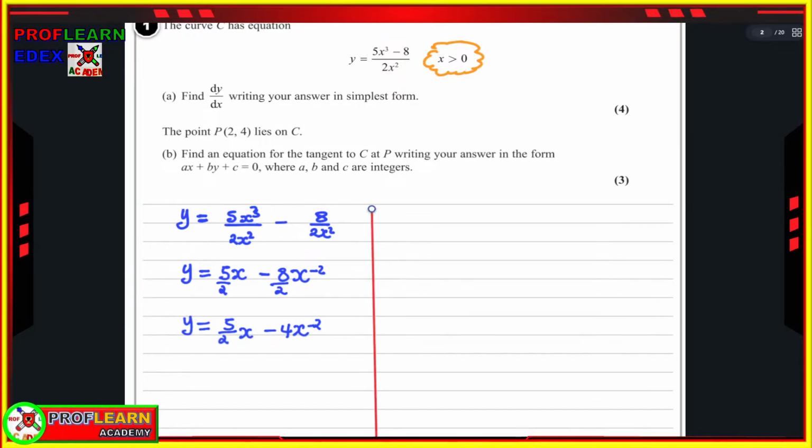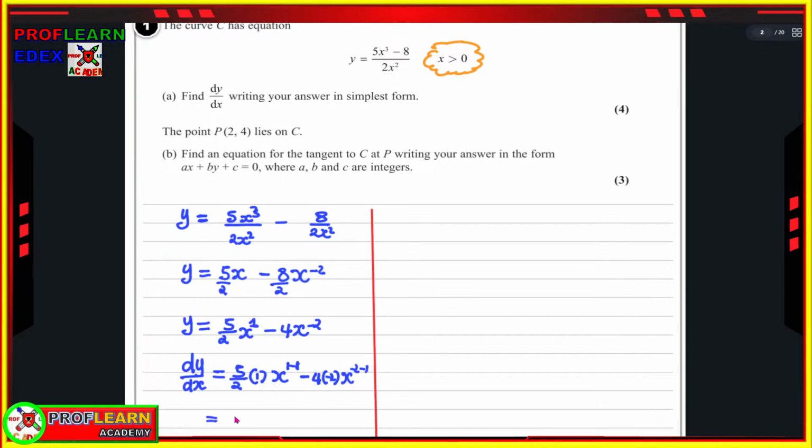Now we can differentiate. dy/dx: this is like power 1, so we take the power down and subtract 1, giving 5 over 2 multiplied by 1, x to the power 1 minus 1, minus 4 into negative 2, x raised to the power negative 2 minus 1.